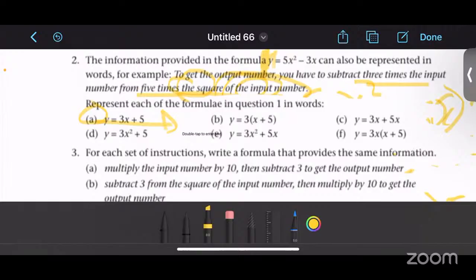All I'm supposed to do is substitute. You are not substituting, you're representing it in words. This is in numbers, you're representing it in words. To get the output number, you have to multiply 3 by the input number plus 5.